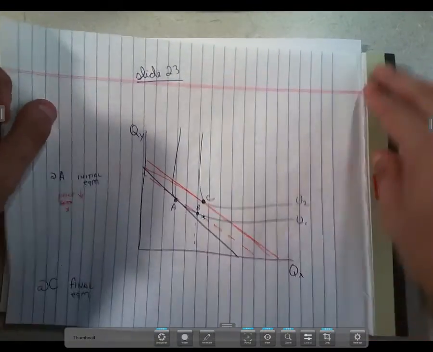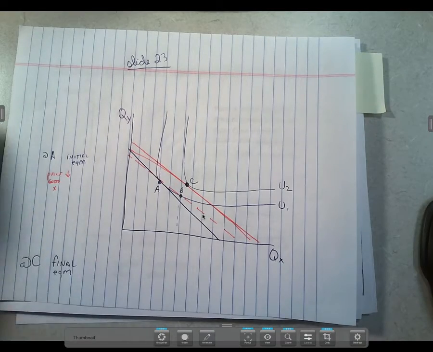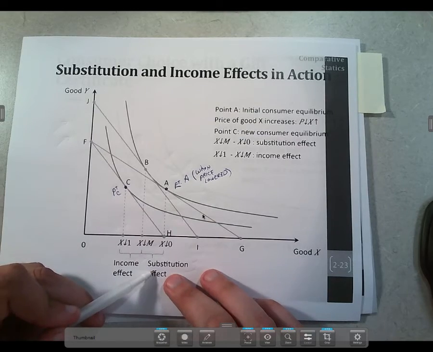It creates the division, when we look at what's right on this slide, between our income effect and substitution effect.